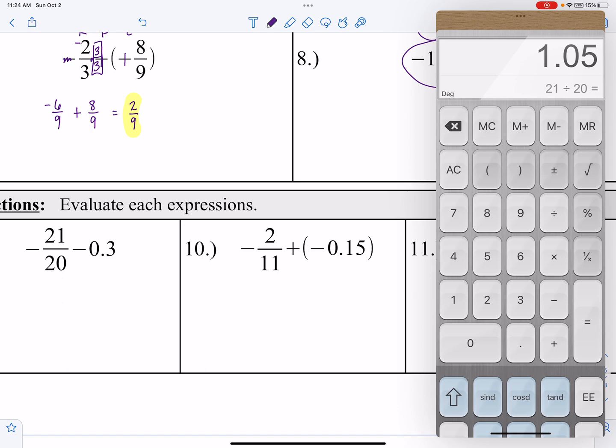So I'm going to use that instead. And so we have KFC, first of all, because we don't like subtraction, so adding the negative. So I have a negative 1.05, okay, plus a negative 0.3.